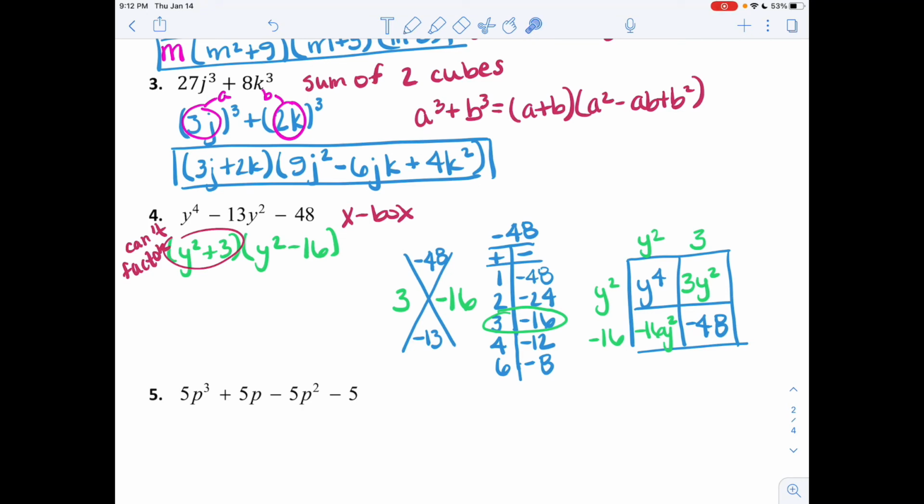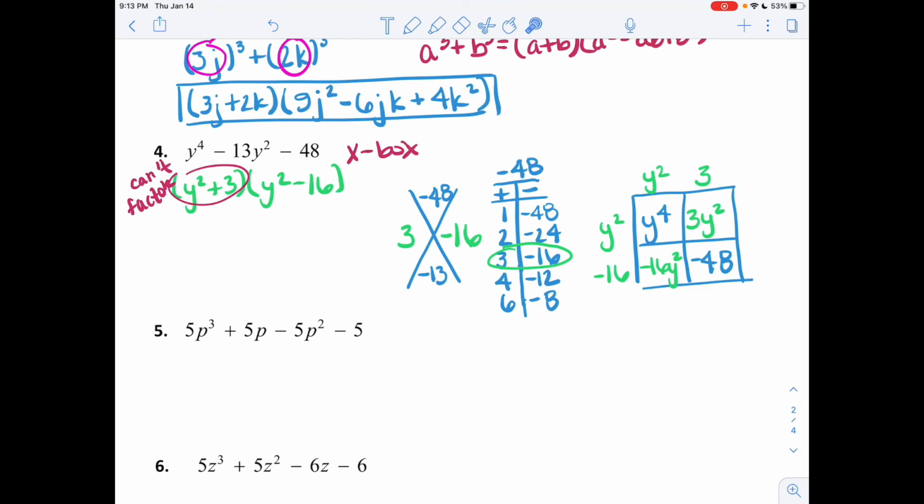But I see that I have a y squared and a minus 16 here. These are both perfect squares and I have a negative between them. So remember that we would use difference of 2 squares there. Difference meaning negative, and I have 2 perfect squares. We've already done that a couple times, so you should be becoming familiar with it.